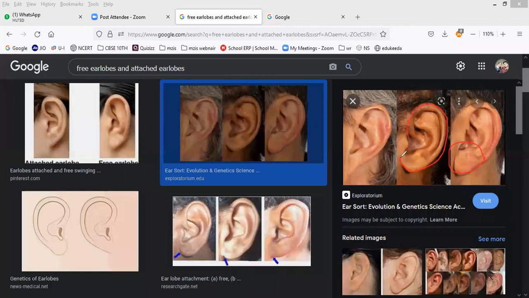Most people have a free earlobe only, and very few have an attached earlobe like this. You might also have one of them, either free earlobe or attached earlobe. You can verify yourself. So this is also one of the variations. Free earlobe or attached earlobe is a variation found in the human population.